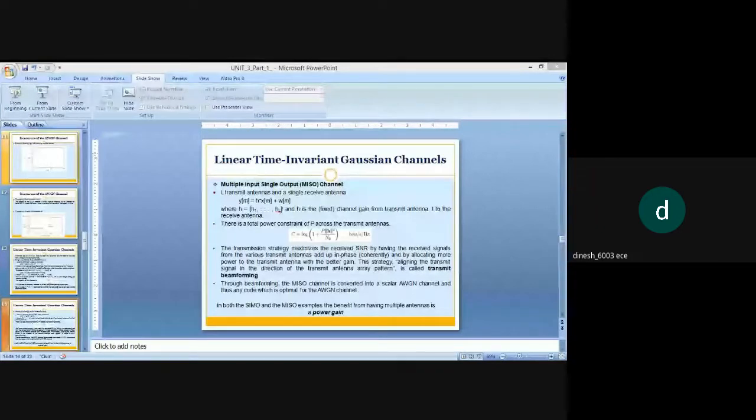Lambda into summation n equals 0 to Nc minus 1 of Pn. So the Kuhn-Tucker condition for the optimality of the power allocation is dou L divided by dou Pn, which will be 0 if Pn is greater than 0, and it will be less than or equal to 0 if Pn is equal to 0. The power constraint is met as P equals 1 divided by Nc, summation n equals 0 to Nc minus 1 of 1 by lambda minus N0 divided by |Hn| squared.